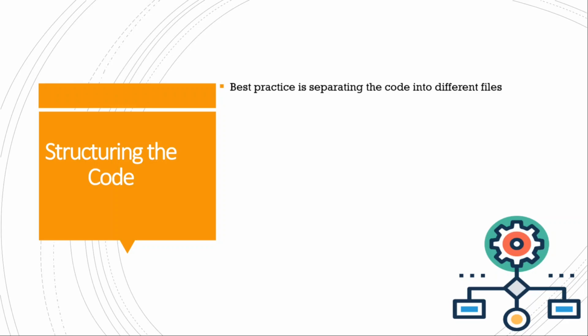But the best way is to actually separate your code into different files so that it is easier to scale. And by scale, I mean if your program has to be modified or if you have to add anything to your program in the future, it will be simpler and easier to do so if your code is organized properly.